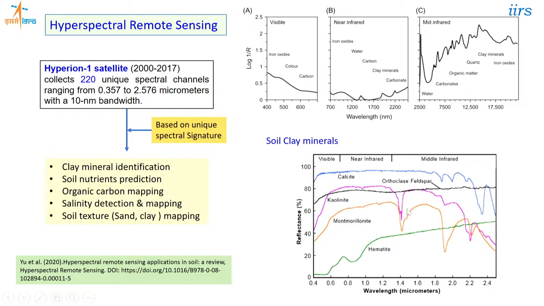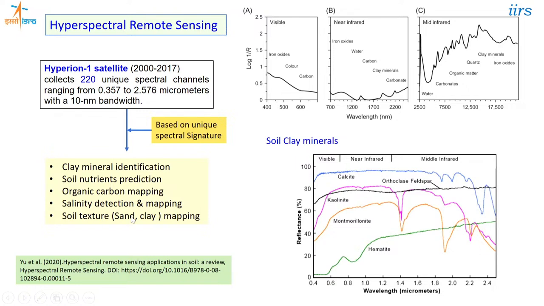the absorbance and reflectance. So all the constituents or compositions give you very unique spectral characteristics that help you in the mapping of clay minerals, soil nutrients, organic carbon, salinity detection and mapping, soil texture, sand and clay mapping, like that you can use this.